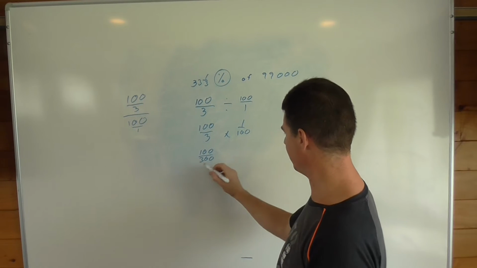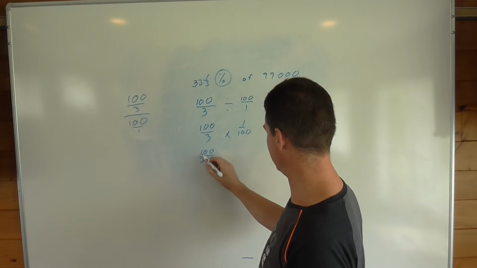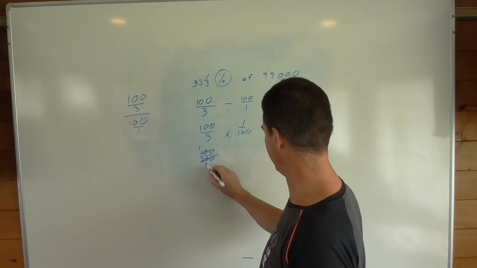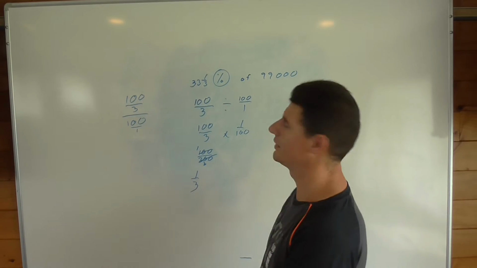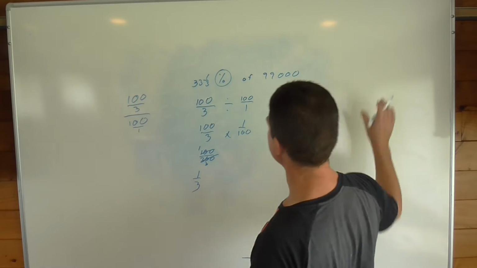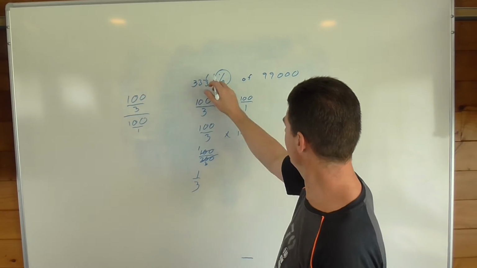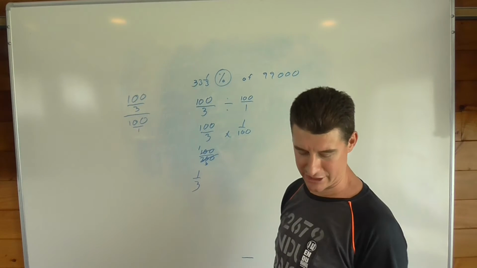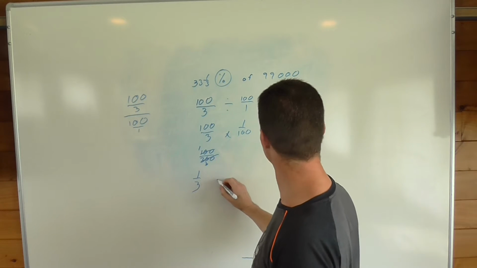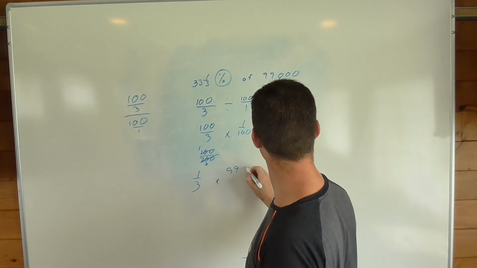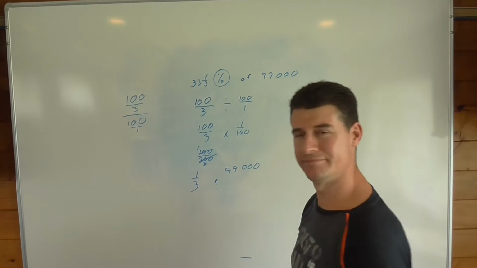To make it simpler, 100 goes into 100 once and into 300 three times, so it's a third. So instead of this massive calculation with 33 1/3% of 99,000, we can simply say it's a third of 99,000.